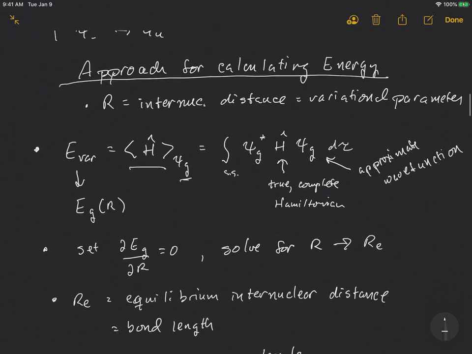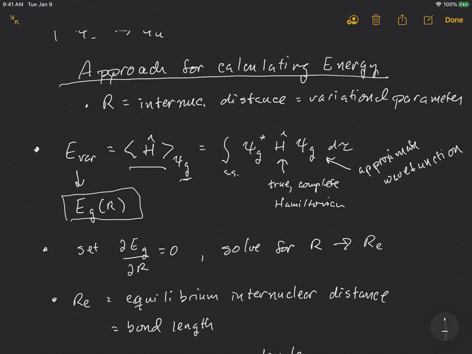We're going to integrate over the coordinates of the electron, but we'll end up with a function of R, say Eg of R, where R is the internuclear distance.